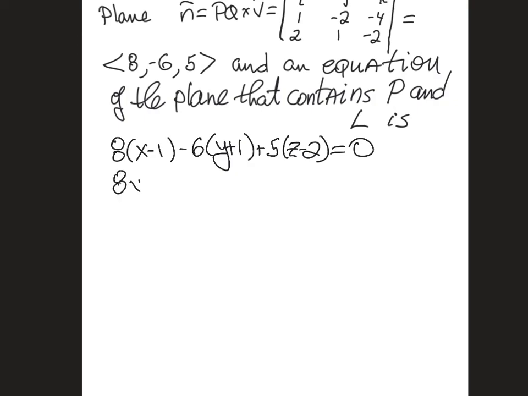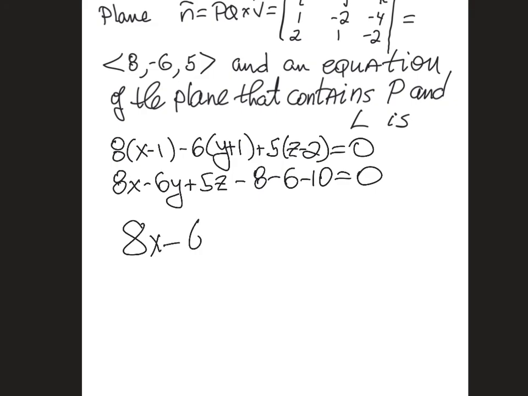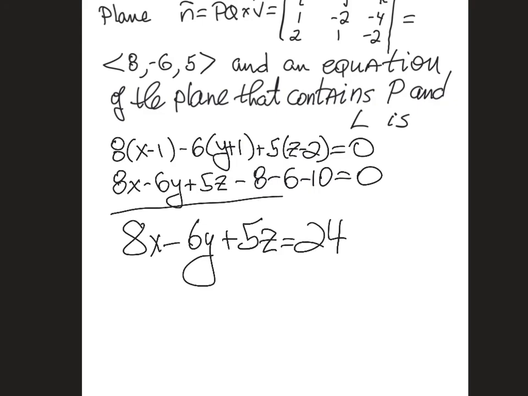This will be 8x minus 6y plus 5z minus 8 minus 6 minus 10 equals 0, or 8x minus 6y plus 5z equals 24. And that's the plane that contains point P and contains line L.